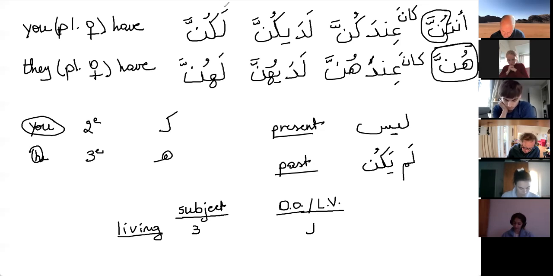So now I'm applying the rule: when the subject is non-living, I have to use فيه, فيها, or له, لها. Here I used لها. Why feminine and not له? Because Medina is feminine.